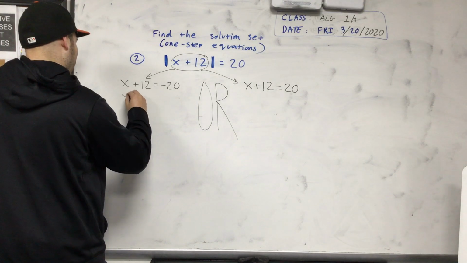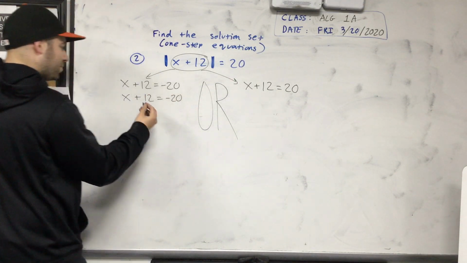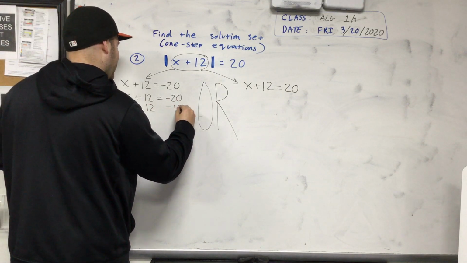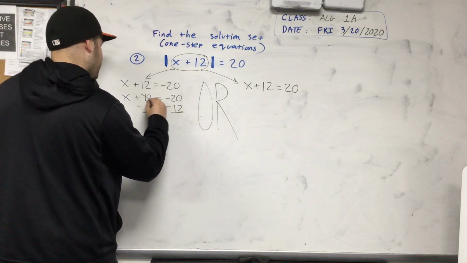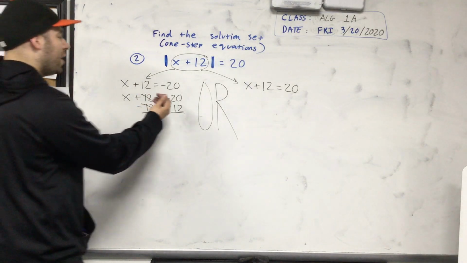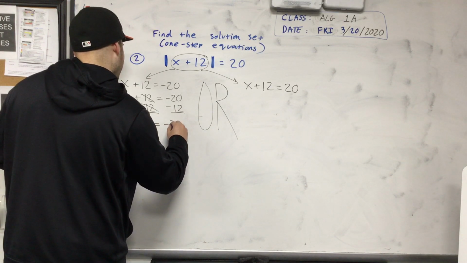So then, I want to get x isolated. So I'm going to subtract 12 from both sides. x is now isolated. We get negative 20 minus 12, which is negative 32.